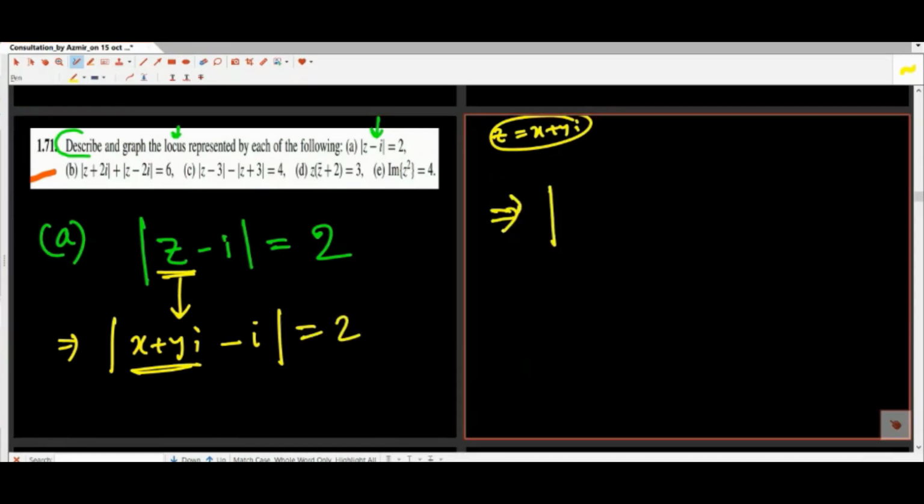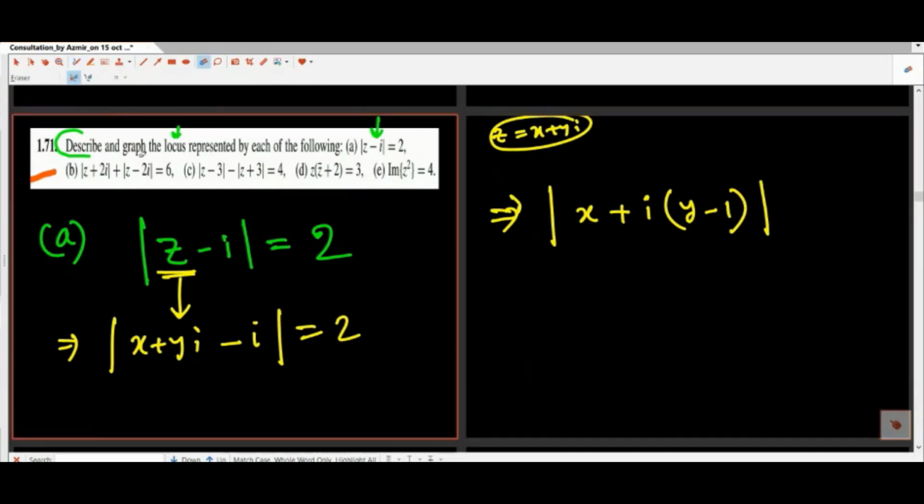Now we can do some simple algebra, that is, we can group the real part and we can group the imaginary part. So since we have i in this part and here, we are grouping these two.